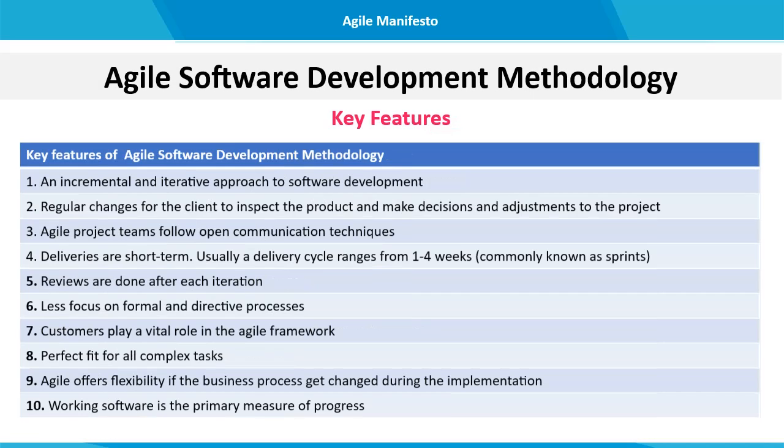Agile methodology is an alternate approach in current software development trends. It breaks up a large project into many phases and distributes workload across the team. The key features of Agile software development methodology are: it is an incremental and iterative approach to software development.